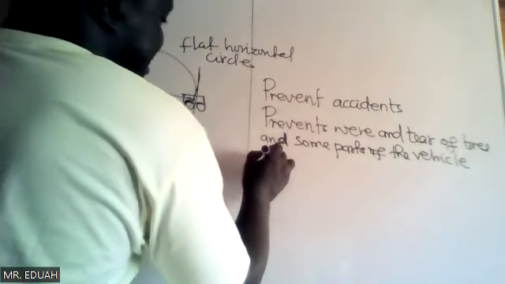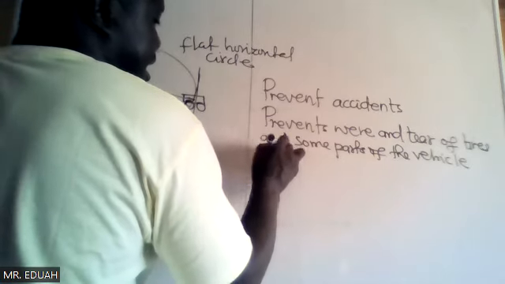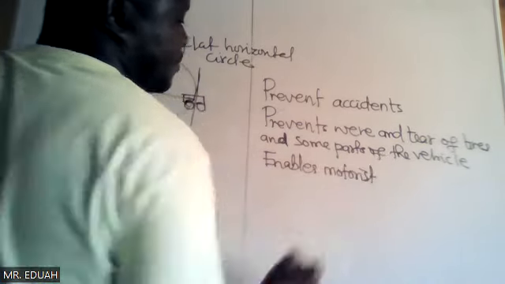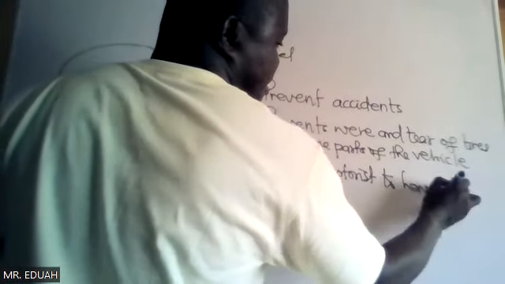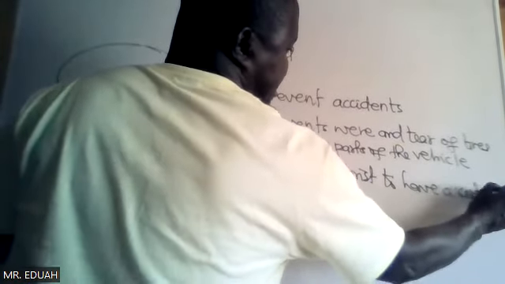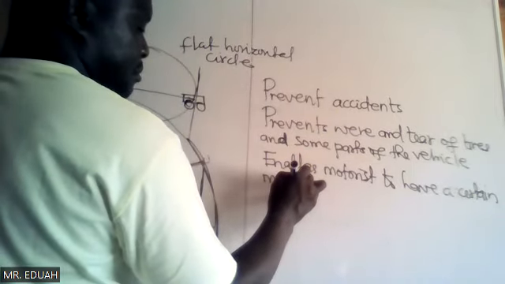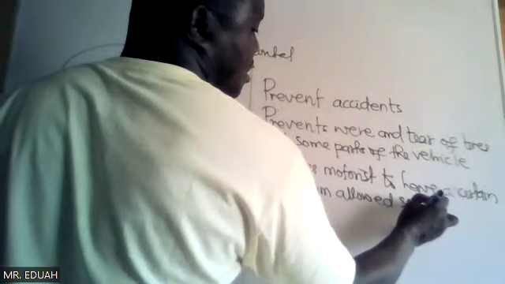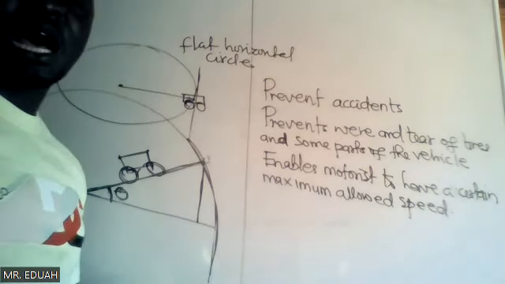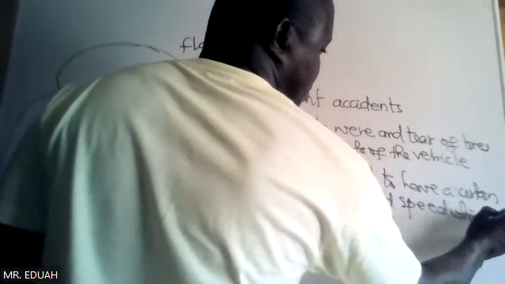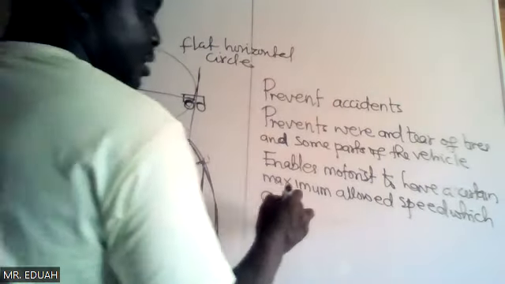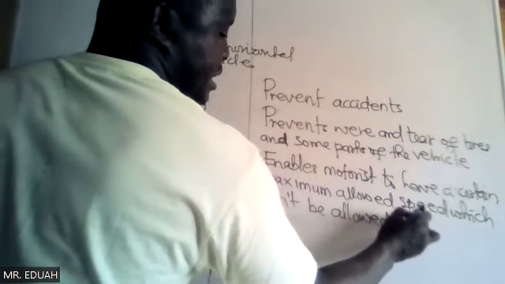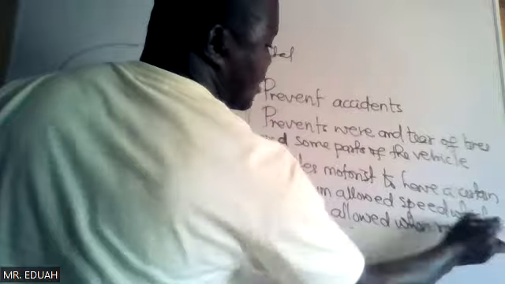And then the third aspect is that it enables vehicles or motorists to have a certain maximum allowed speed or velocity, which can't be allowed when the road is not banked.